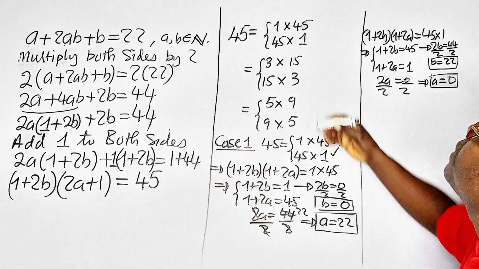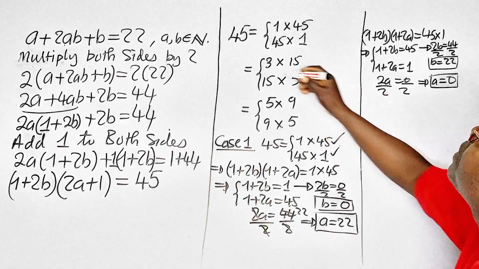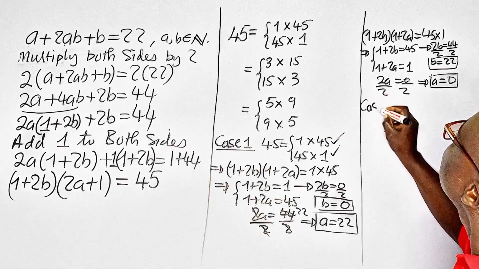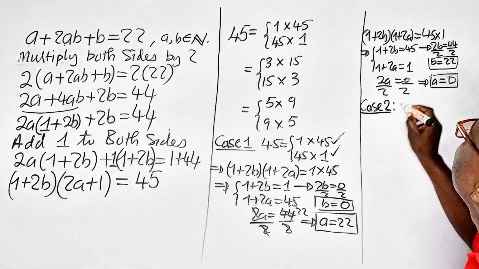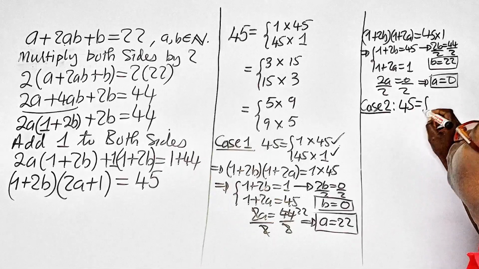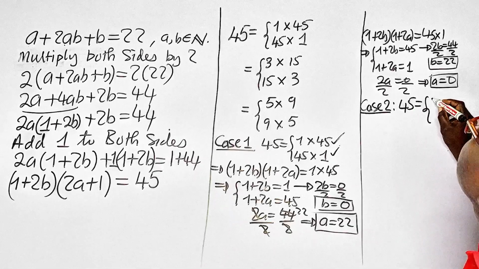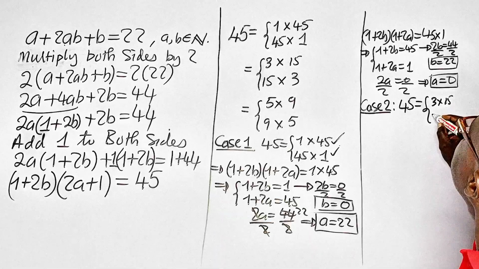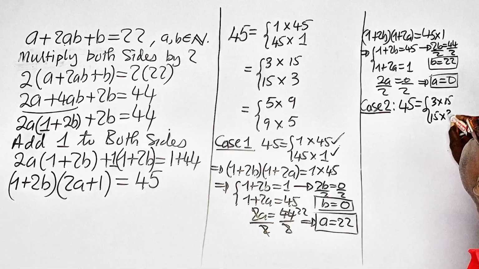So with that in mind, let us see if we obtain the same thing in case 2. Case 2, 45 decomposed to 3 times 15 or 15 times 3.